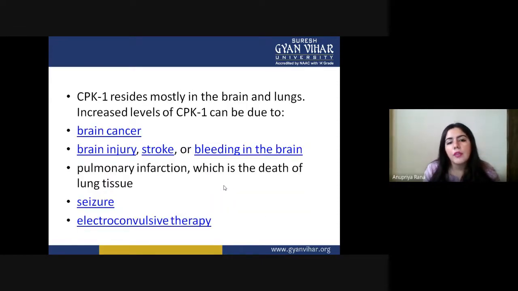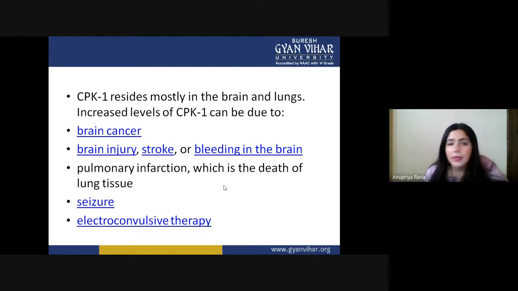CPK1 resides mostly in the brain and lungs. Now, if we are having more CPK enzyme inside our body, what are the causes? Why, when we do a CPK test, do we get increased CPK? What problems can be present inside our body?